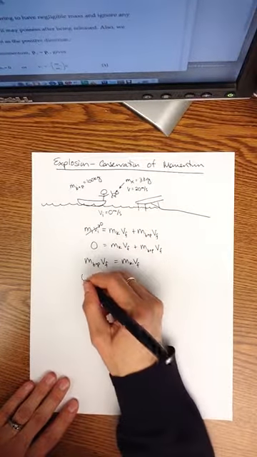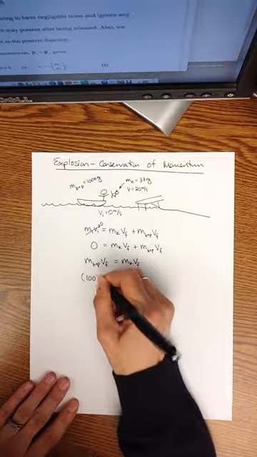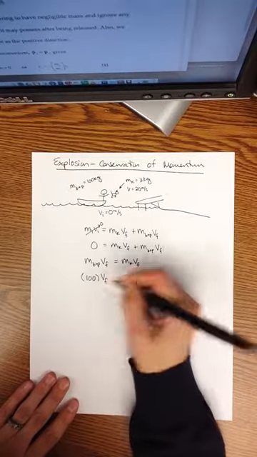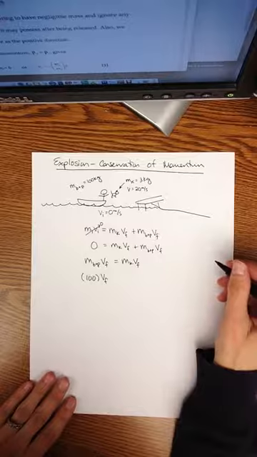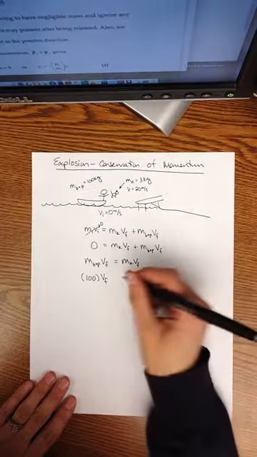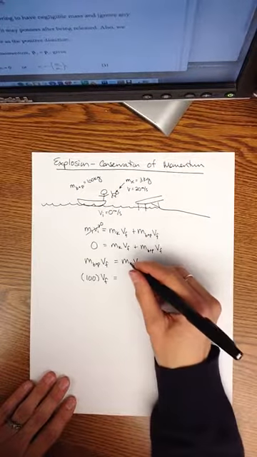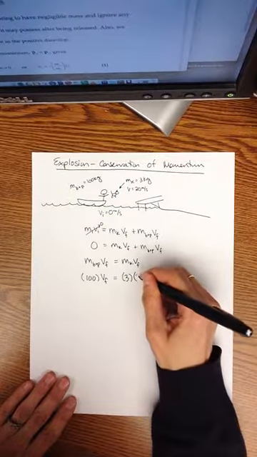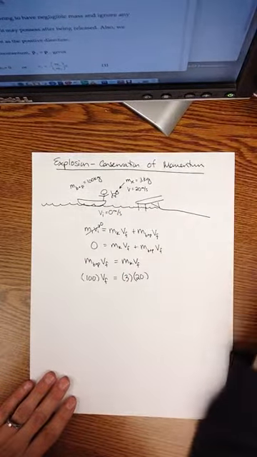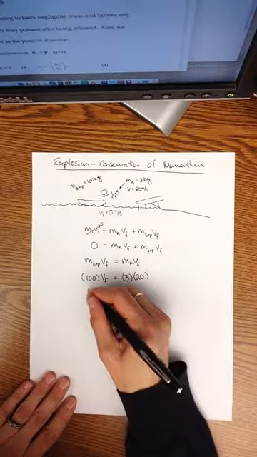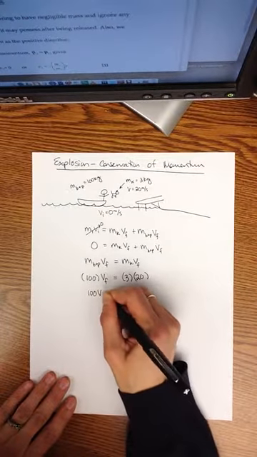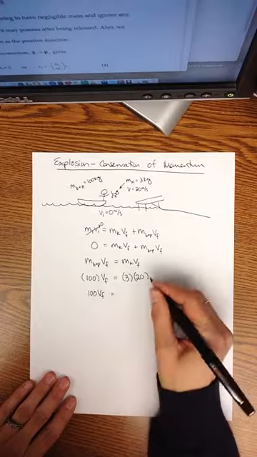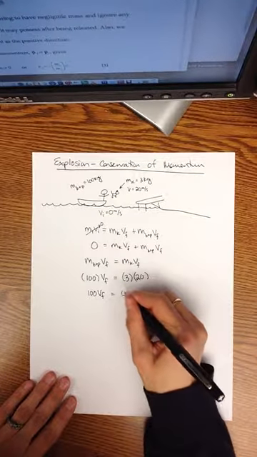Okay? So I have here some information. I know that the mass of the boat and me is 100 kilograms, and I need to know how fast I'm going to be going after I throw the kitten. And then the mass of the kitten here is 3 kilograms, and its final velocity after I throw is 20 meters per second. So this ends up being 100 V final, which is what I want, equals 3 times 20, which is 60.